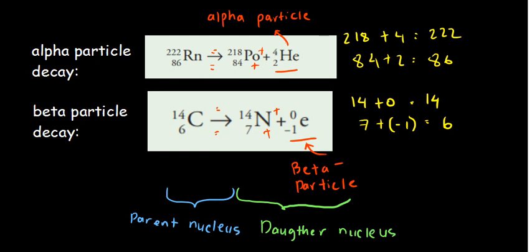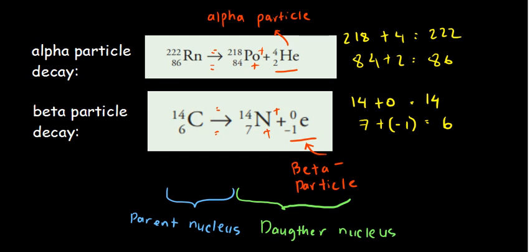The total sum of nucleon on the left side is going to equal the nucleon on the right side. So 4 plus 218 equals 222. And 2 plus 84 is going to equal 86. And that's how you know your equation is balanced.